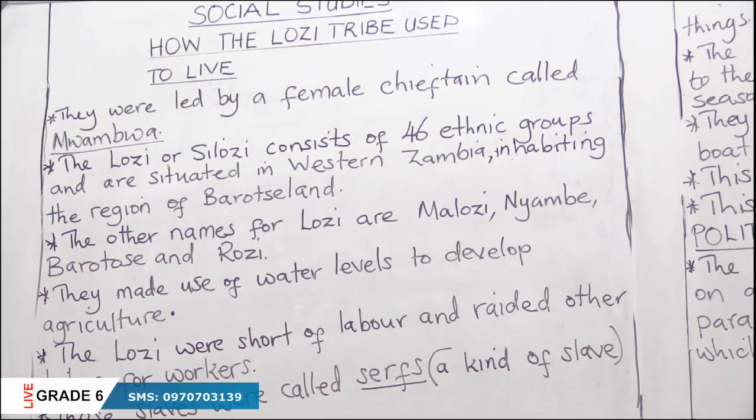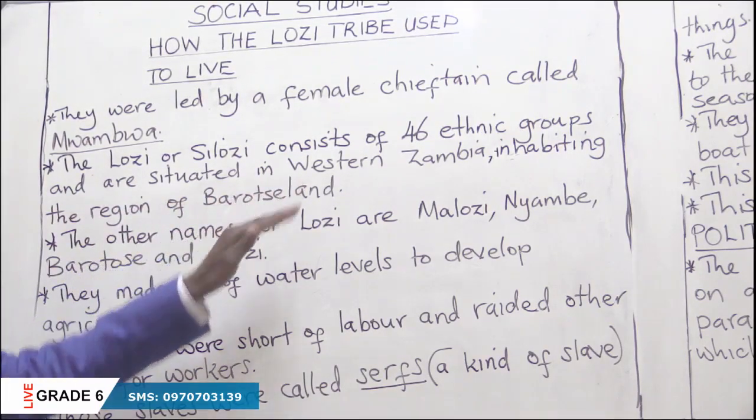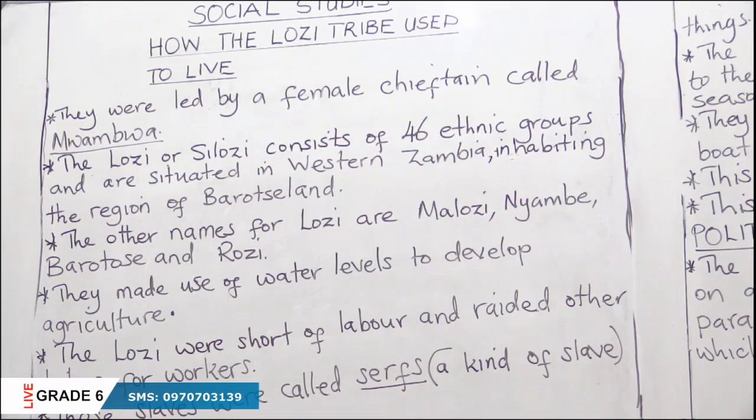So the Lozi or Silozi consists of 46 ethnic groups and are situated in western Zambia, inhabiting the region of the Barose land.